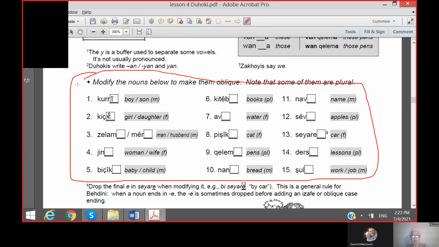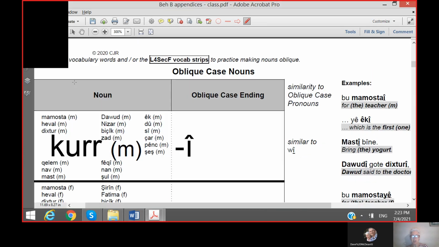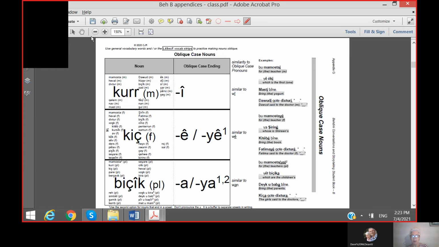You can write them out if you want to, or you can just say them. If you write them, then you can practice them later with your language helper using Appendix G. So go ahead and practice that, and then unpause the video and we'll continue on.